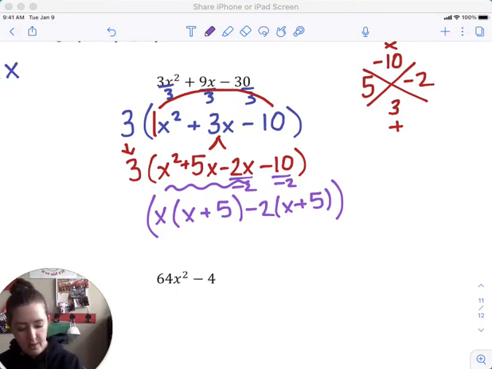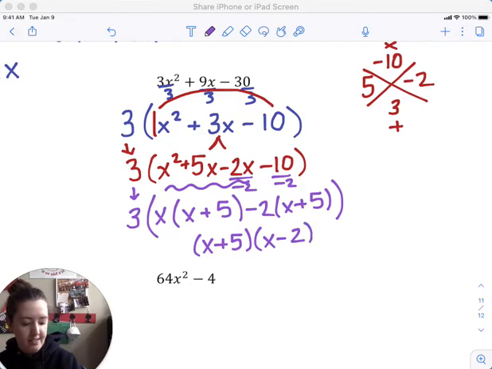And then we will remember to bring down our greatest common factor. So we'll take out the binomial that they have in common, x plus 5, and we're left with x minus 2 on the outside, and we'll remember to bring down our greatest common factor. So there's our answer right there.